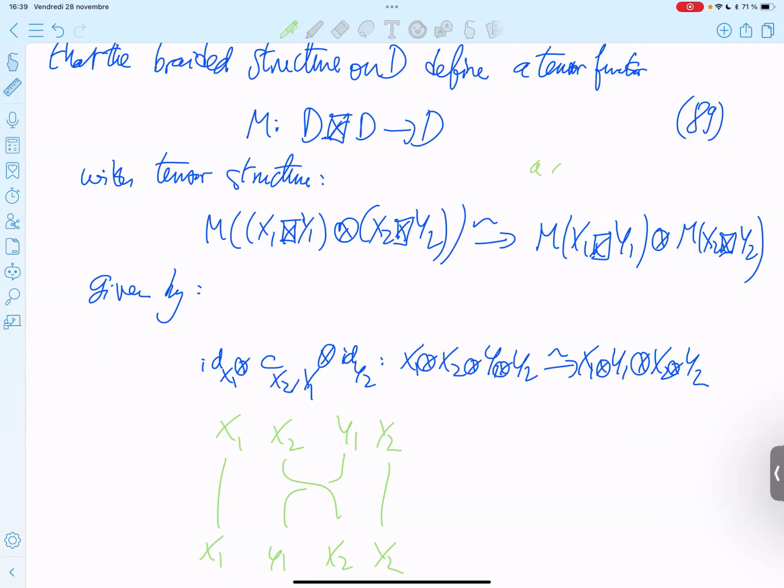So A tensor B, Deligne tensor C tensor D is of the form, no, the other way.